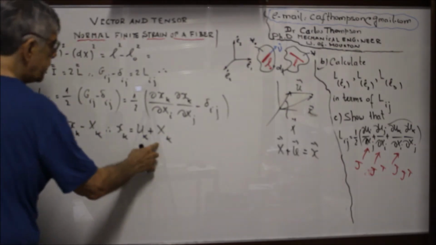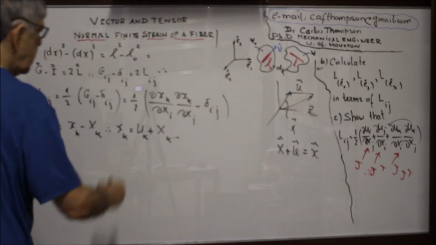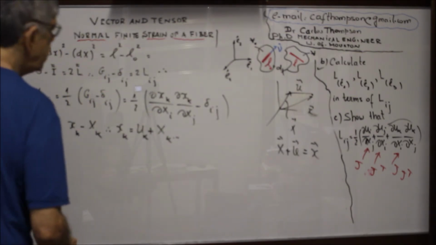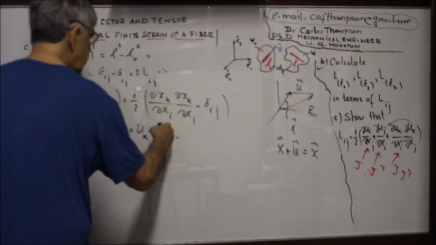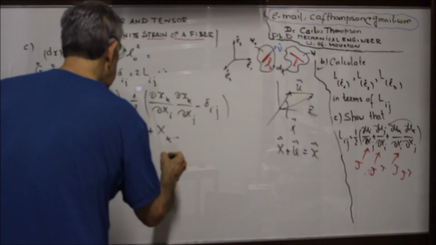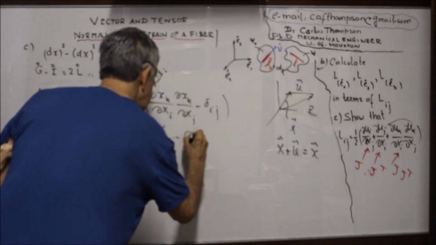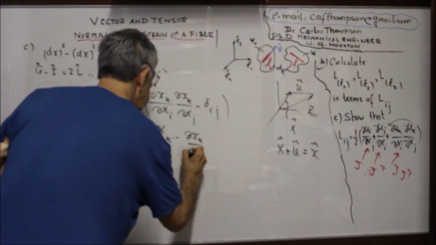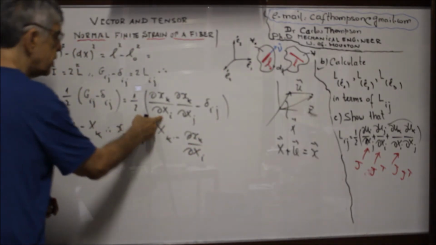Now let's take the partial derivative of x_k with respect to X_i, because I want to substitute over here.